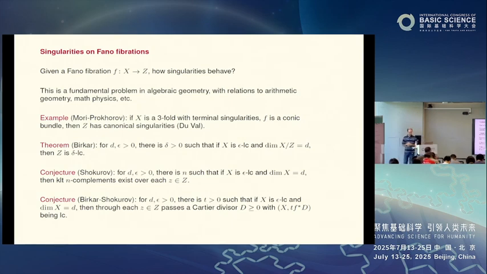So maybe if we specialize to one particular case when the base Z is just a curve, so think about a Fano fibration over a curve, then this is basically saying, if you look at all the fibers, general and also special fibers, they cannot be too singular. There must be a universal control over the singularities of the fiber. And again, this is still a very hard question, even in dimension 3.